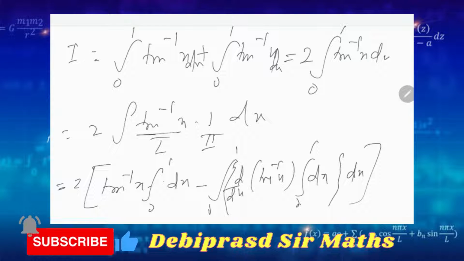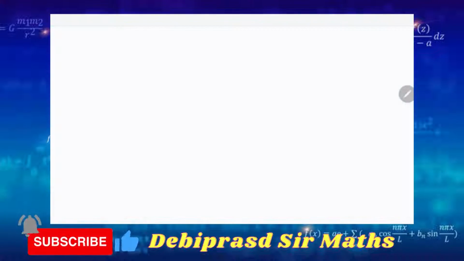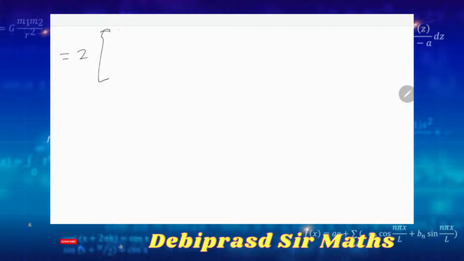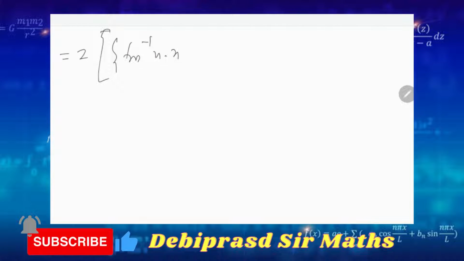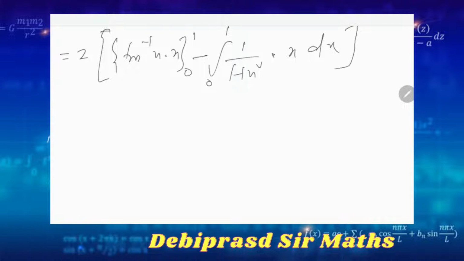Okay. Now I will move to the next step. So this will be 2 times tan inverse x into x, from 0 to 1, then the second part, integral 0 to 1 of 1 by 1 plus x square into x dx.